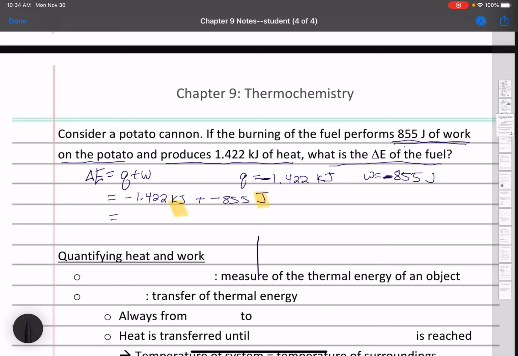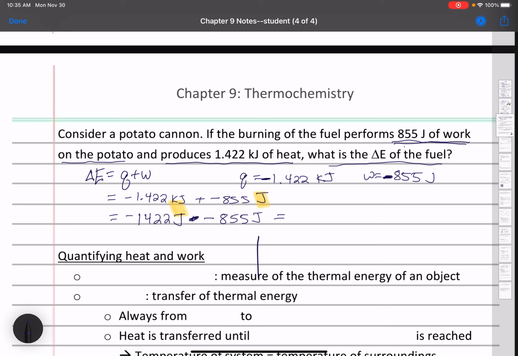So I'm going to convert the heat from kilojoules into joules. So this is 1,422 joules. I multiply by 1,000. And if you're adding a negative, it's the same thing as subtracting. So we're basically adding two negative numbers.